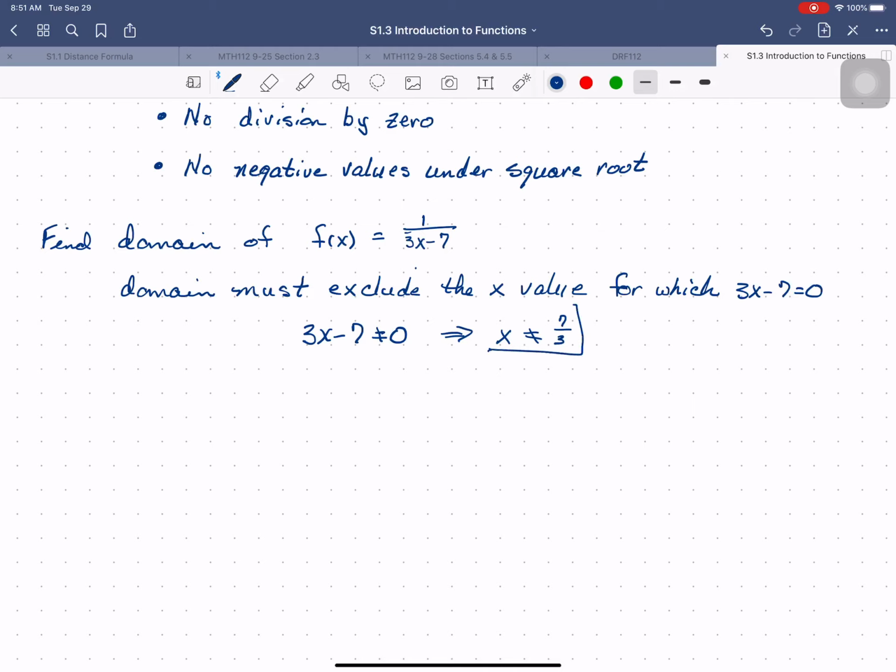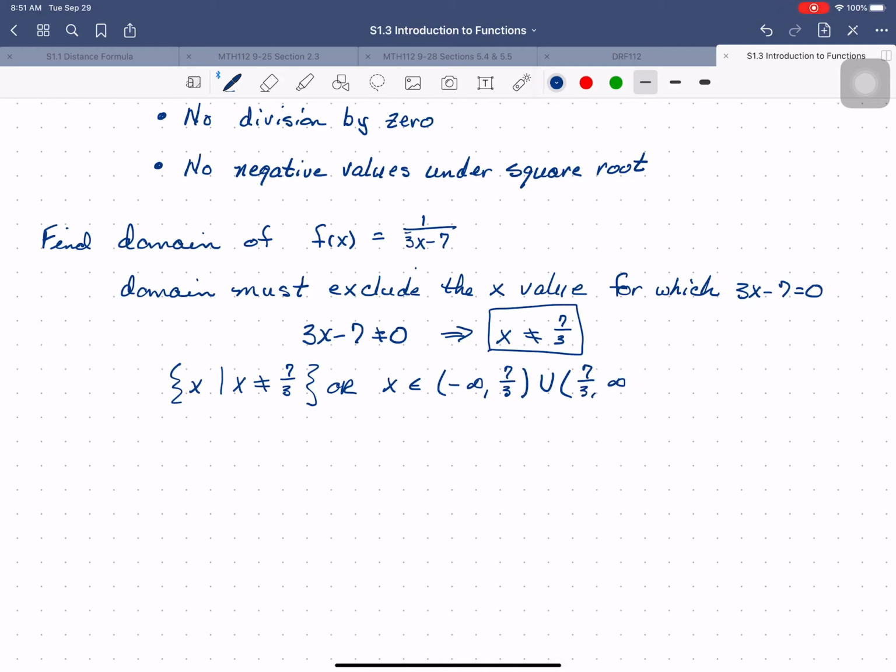So this is a statement of the domain. A more complete statement of the domain would be the set of all x's such that x cannot equal 7/3. Or we can write that as x is an element of the set from negative infinity to 7/3, with an open dot or parenthesis, unioned with everything on the other side of 7/3.